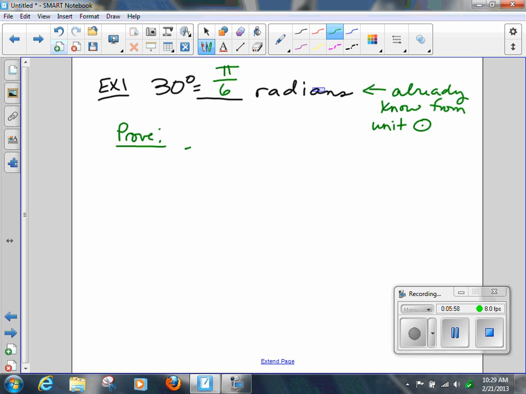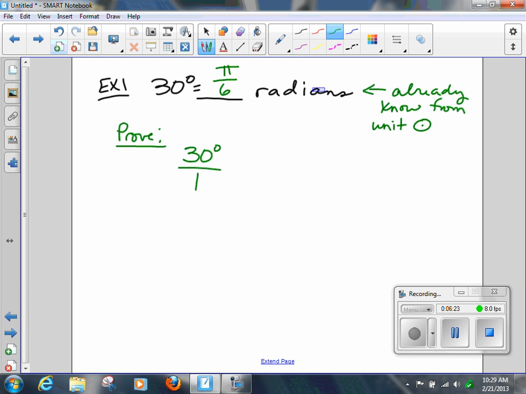Well, we're going to take 30 degrees, and typically I would tell you, and I always did in geometry, don't worry about that degree mark. Who cares? Okay, but you got to care now. And there's a reason. I can write any number over what? 1. I can write any number over 1 and it never changes its value. Remember I said it was a conversion factor.